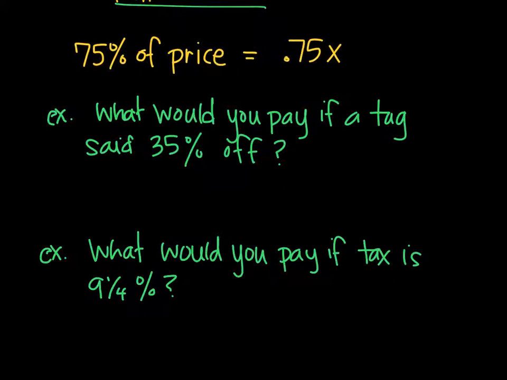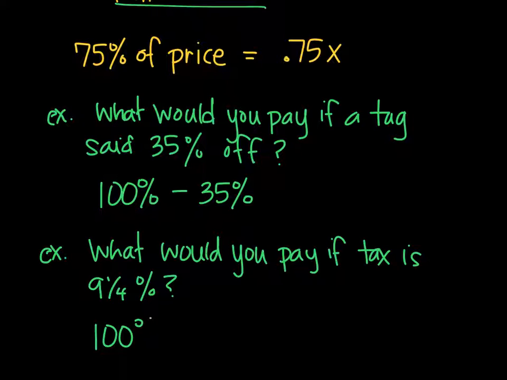All right. When you have something that is 35% off, in both of these situations, you have to start with the number 100%. Because you have to start with the value of what it is that you're paying to begin with. So in this situation, it would be 100% minus 35%. And in the second situation, you still start with 100%, and then you add 9.25.